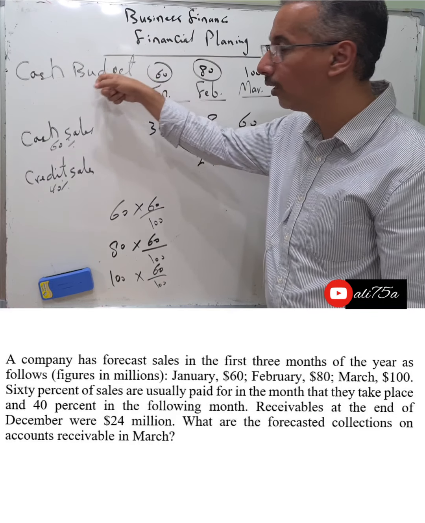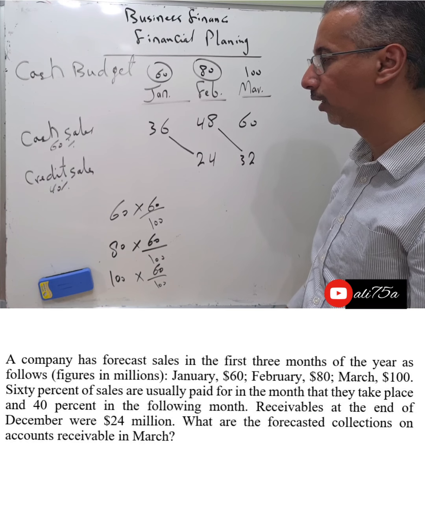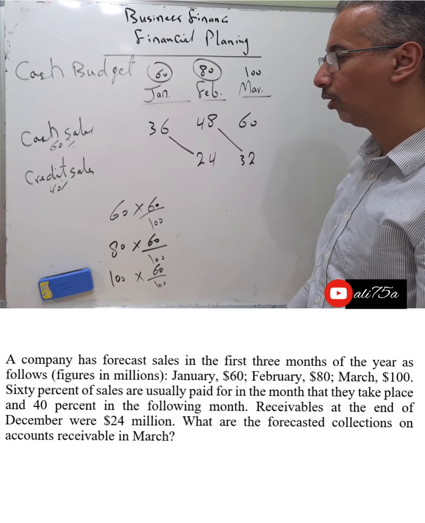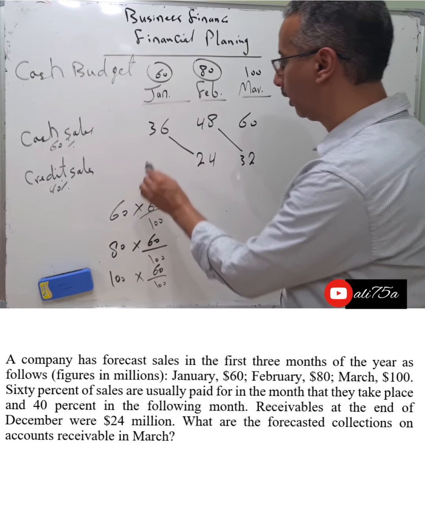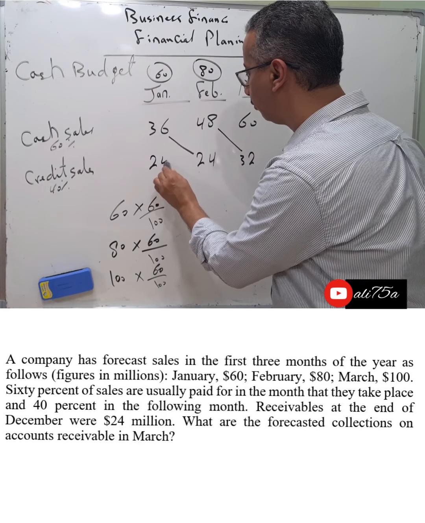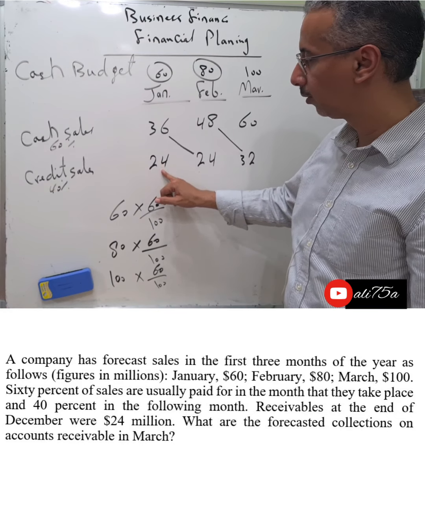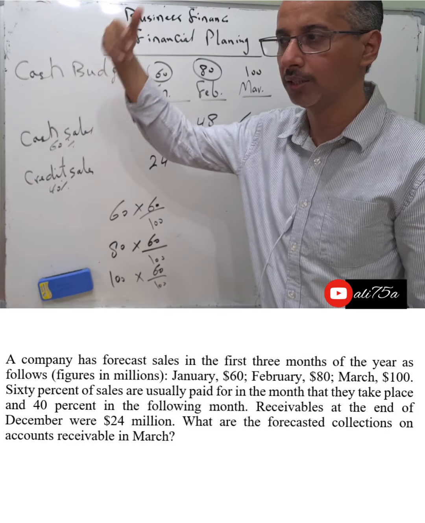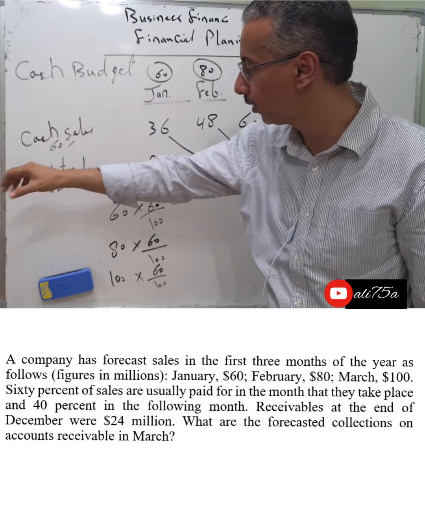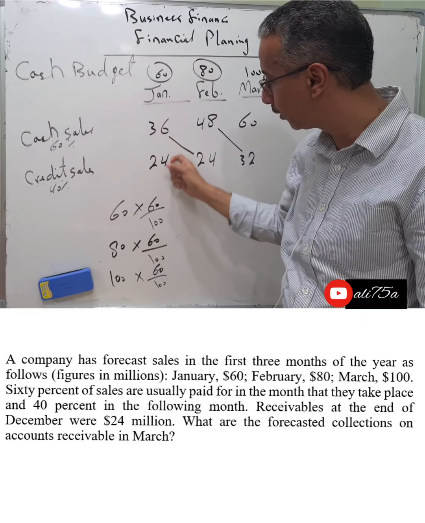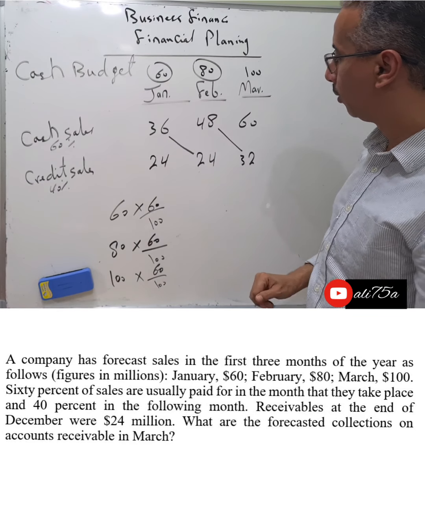It will come from January, and we have information about January. Receivables at the end of December were 24 million already. They will collect it because at that time they sold during December, collected 60%, and the remaining 40%, which is 24, they will collect in January.